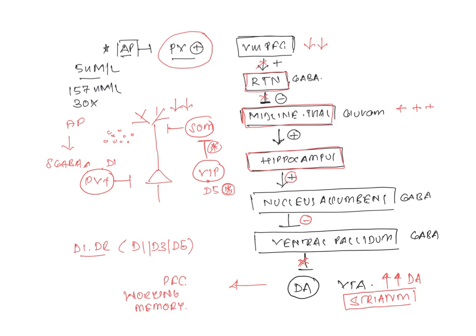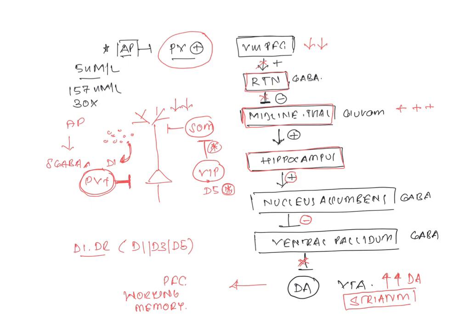Now, on the other hand, the dopamine will also act on the D1 receptors. So when you act on the D1 receptors on the PV positive, it should stimulate the PV positive GABA interneuron, which in turn should actually resume its inhibition on the pyramidal neurons.